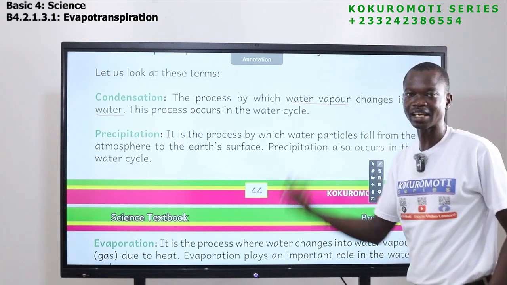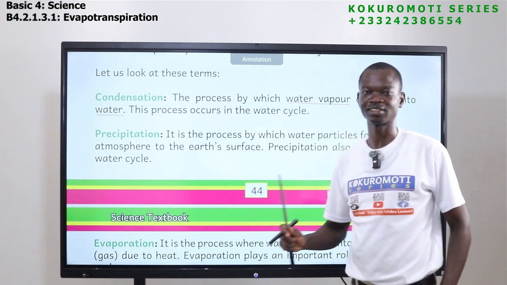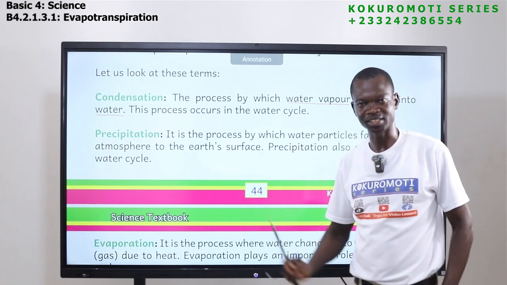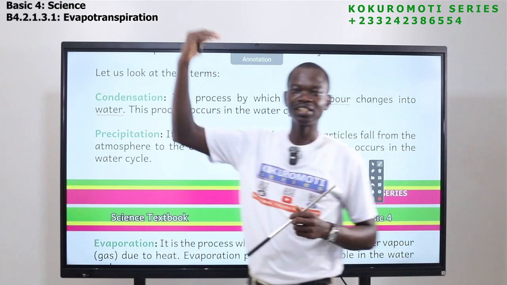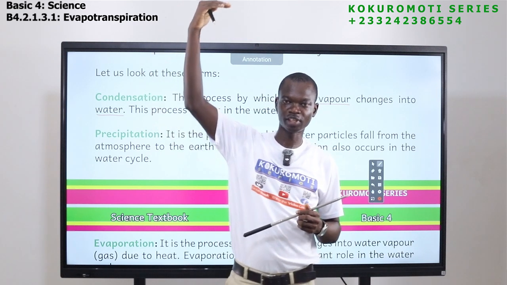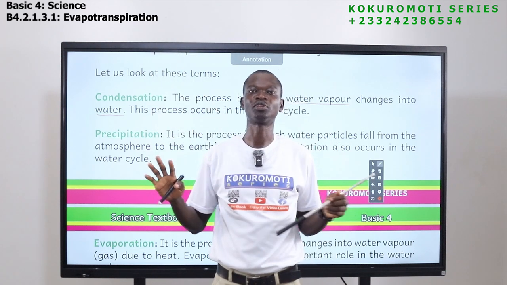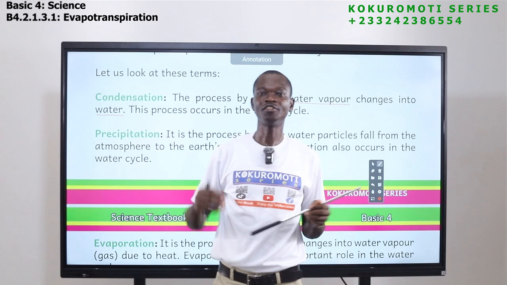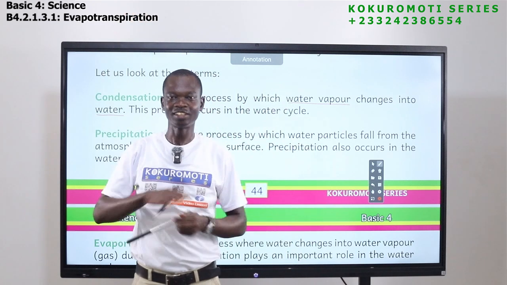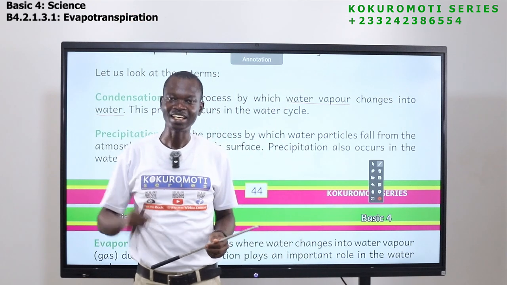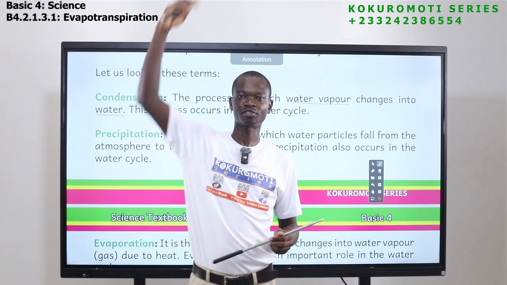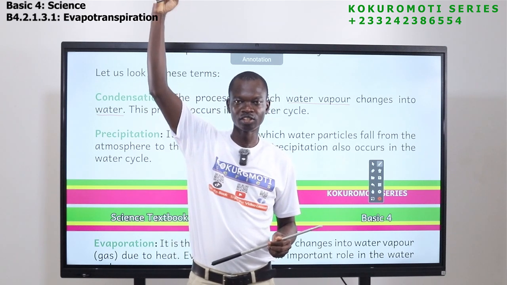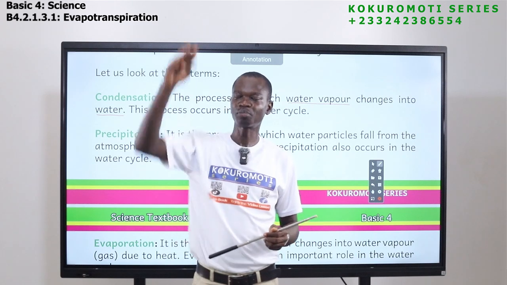So in the water cycle, it is not only condensation that happens, precipitation also takes place. And if you see that rain is falling, that is what we call precipitation. If you see snow falling, we call it what? Precipitation. Any liquid substance, any solid substance that is falling from the atmosphere to the ground, that process is what we call precipitation.